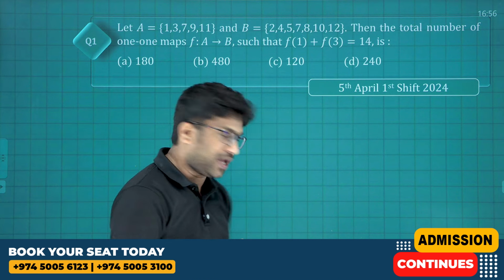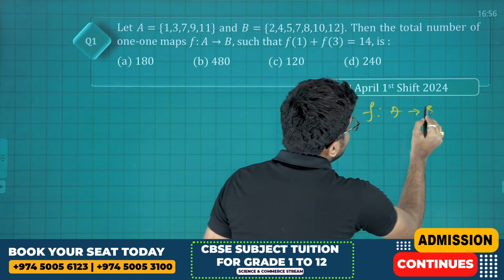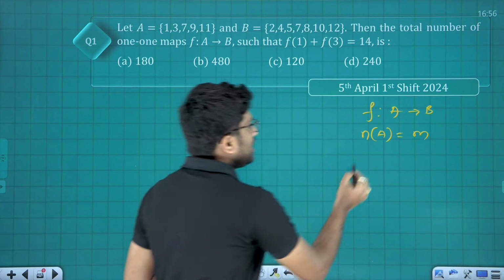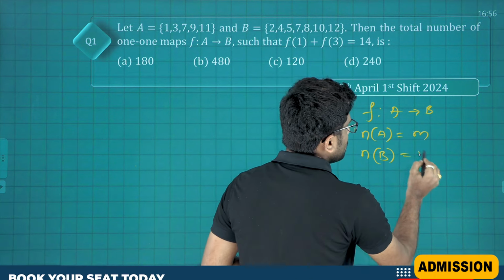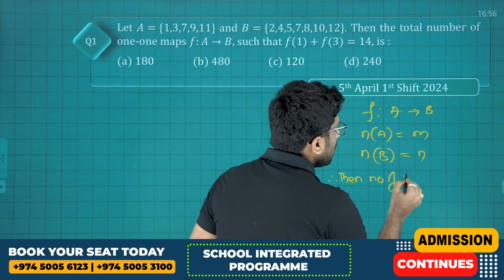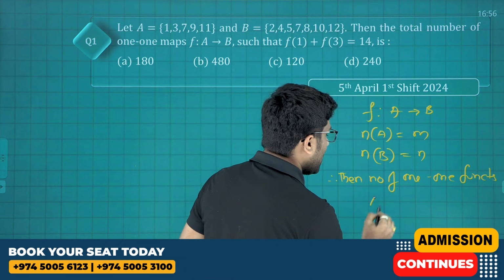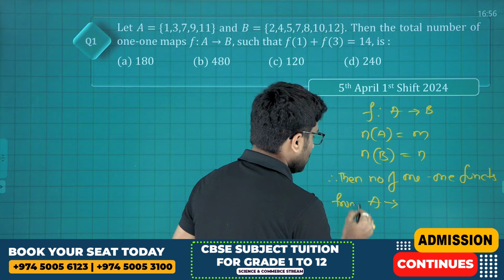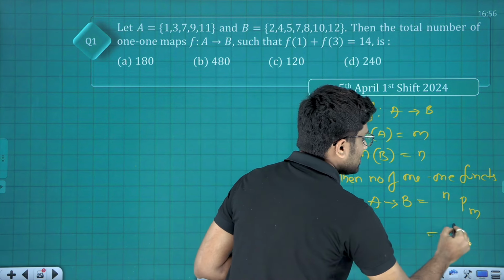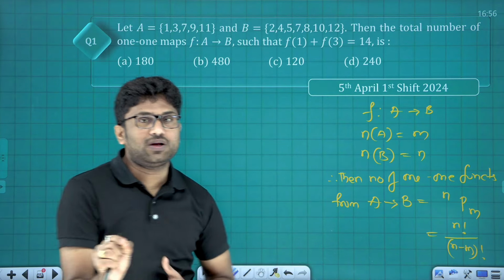If f is a function mapping from A to B such that the number of elements in A is equal to some m and the number of elements in B is equal to some n, then the number of 1-1 functions from A to B is equal to nPm, that is nothing but n factorial divided by (n minus m) factorial. So this is the formula that we are going to use.